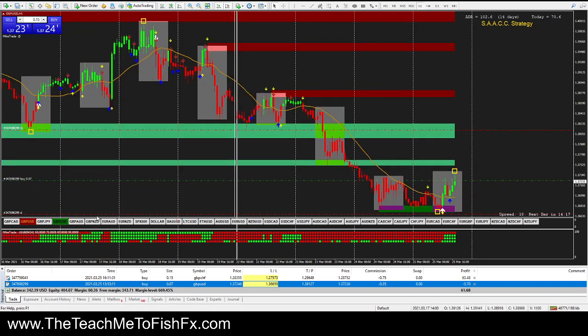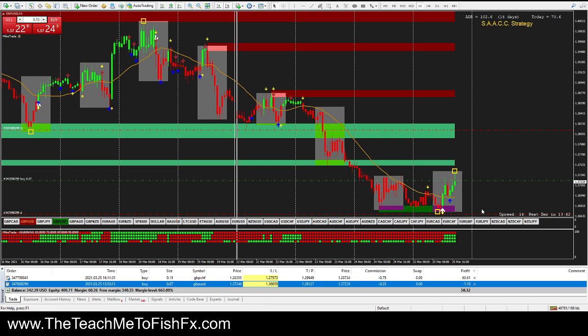For the GU trade, same thing. The trade is 1 to 1.5. The stop loss is set at 58.7 pips or $41.09, and my take profit target is $61.67 or 88.1 pips.